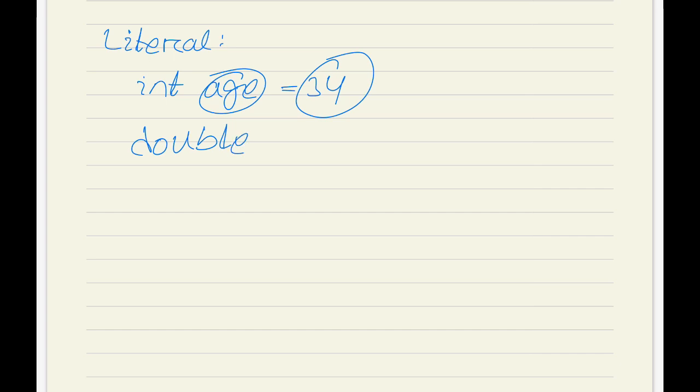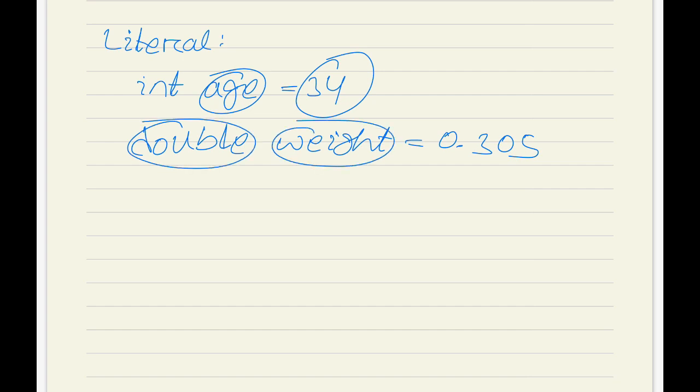Similarly, if I write double weight equal to 0.305, here you can see double is a type, weight is a variable, and 0.305 is a literal.